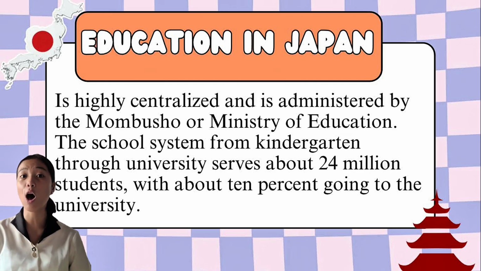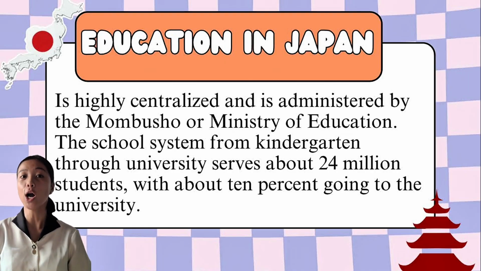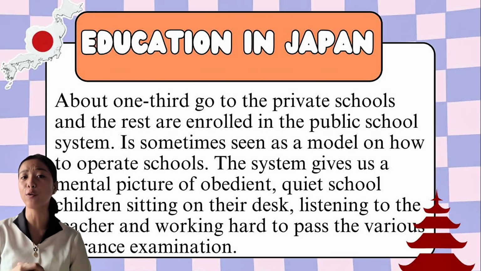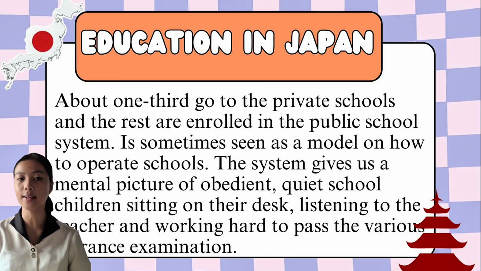Lastly, let's talk about Japan. Japan's education system is also highly centralized, managed by the Ministry of Education or Monbusho. Education in Japan is known for discipline, hard work, and strong values. Students are often described as obedient, focused, and exam-oriented.